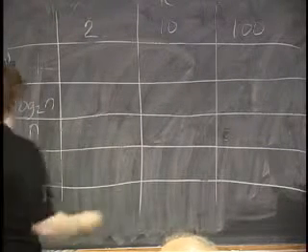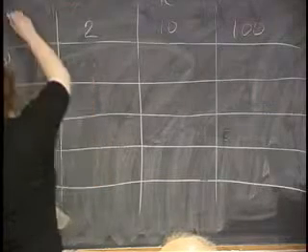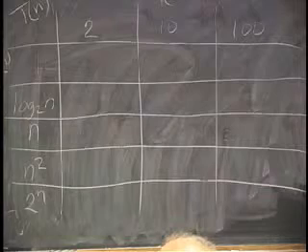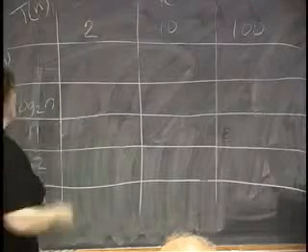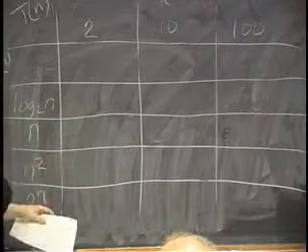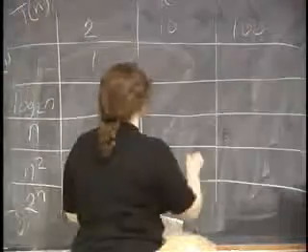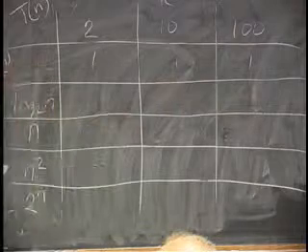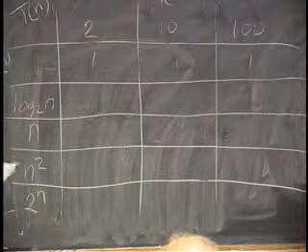Okay, so if it's constant, this is going to be t of n. Could be space too, it doesn't really matter. But how many steps for constant if we've got n of 2? 10? 100? Good. Okay, log base 2 of n.